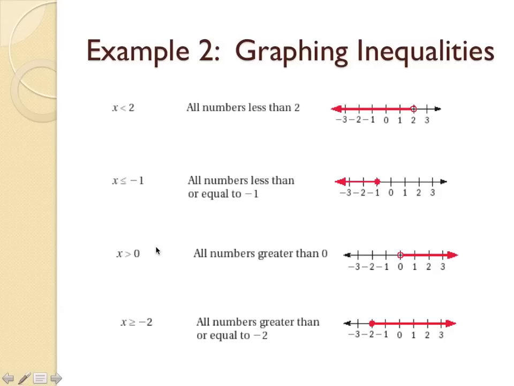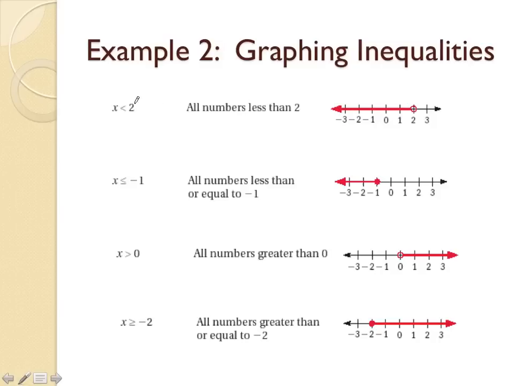All right, we've touched a little bit on graphing, but let's go back to that topic. So if our inequality sign is less than, like this, that means our solution on our number line would have an open circle, and we would shade all the numbers less than 2.